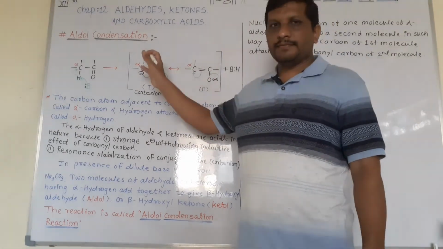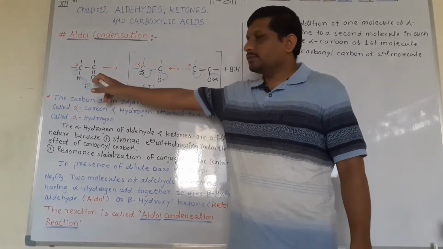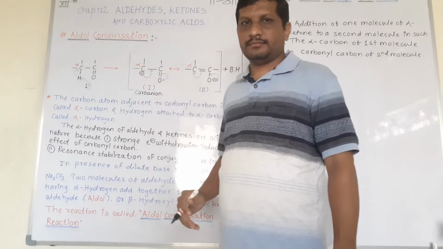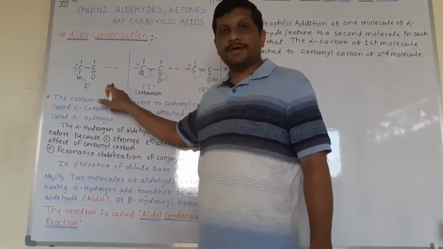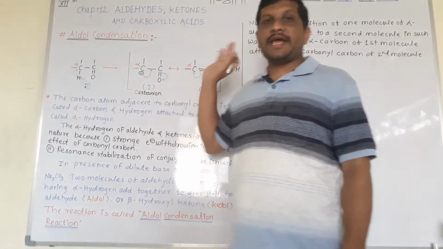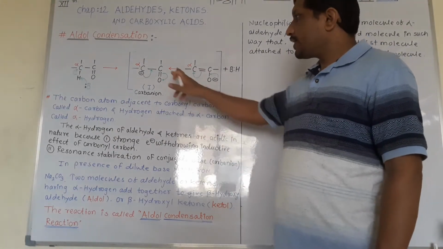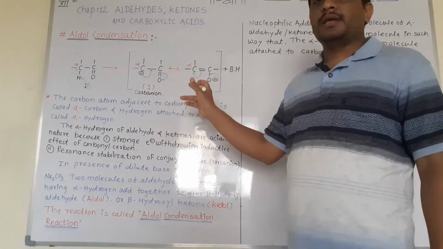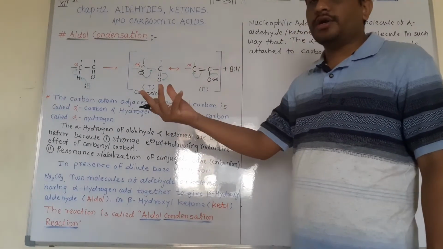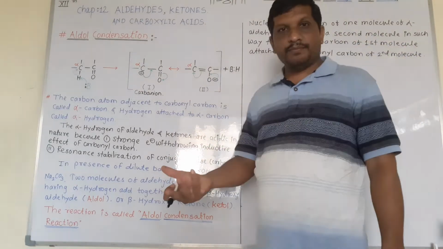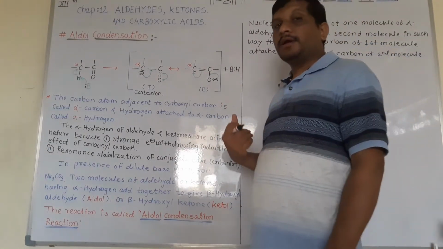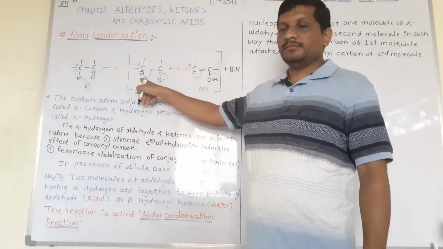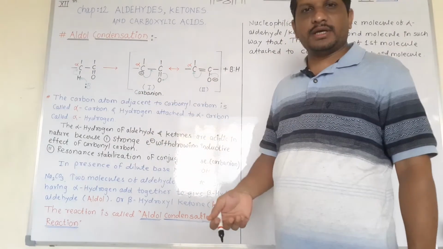And that's why this alpha hydrogen shows acidic nature, and it's an easy way for the reaction to take place and create the carbanion nucleophile, and this nucleophile readily attacks another ketonic or aldehydic carbonyl carbon very easily, directly attacking this carbonyl carbon.